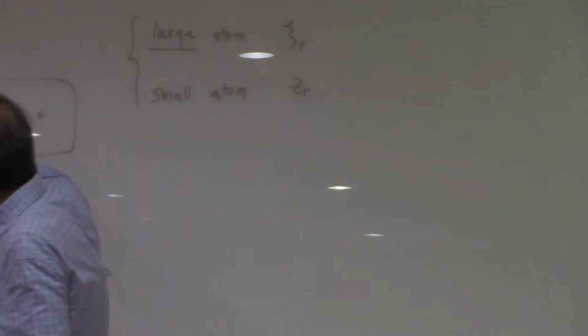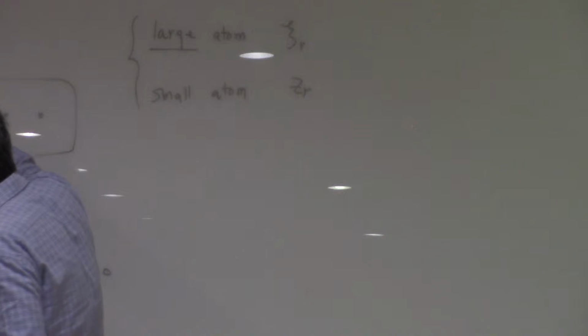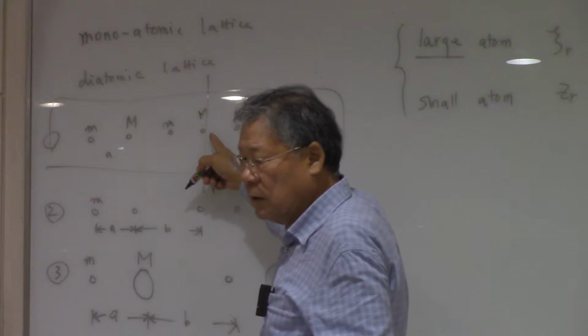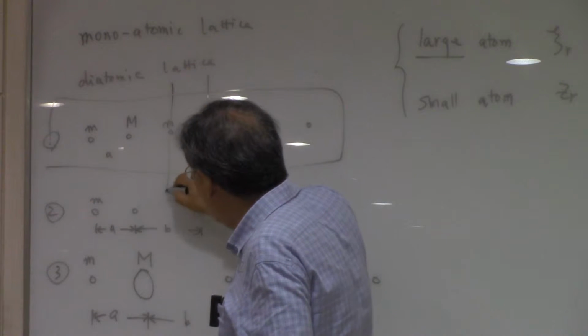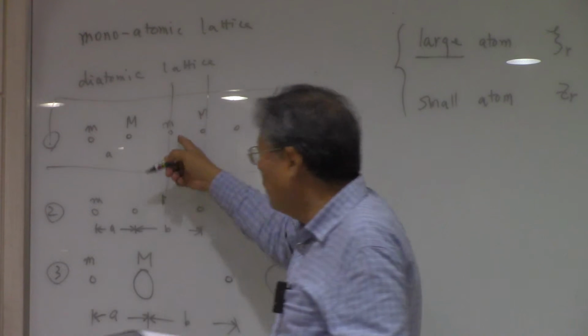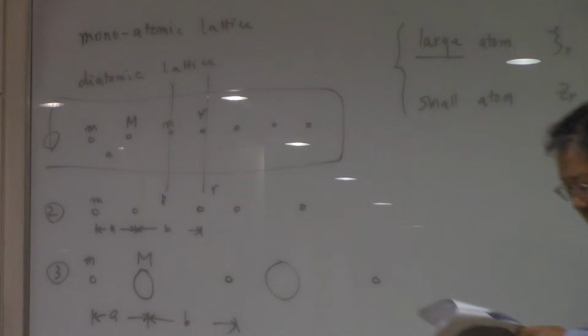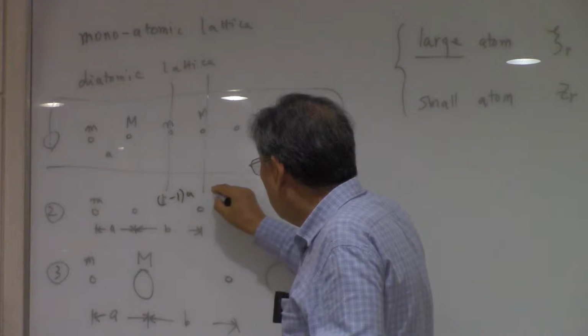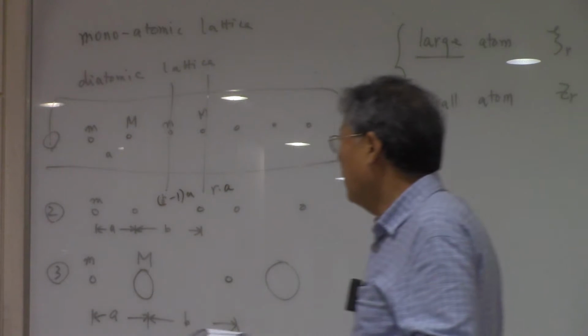One is the rth atom of the large atom, and the other one is the rth atom on the light atoms. This is the r minus 1, A, and this is Ra.